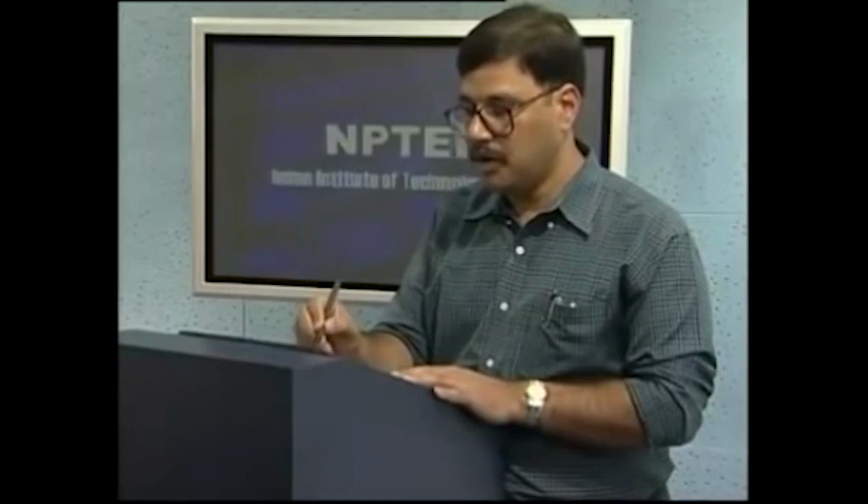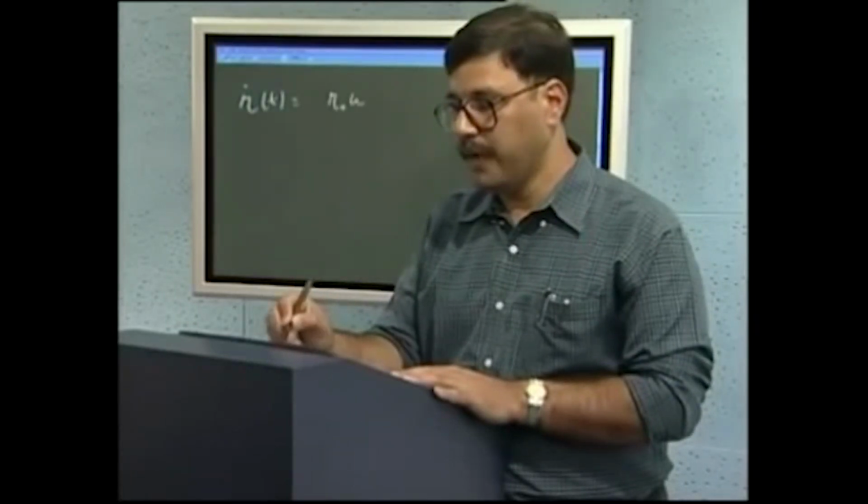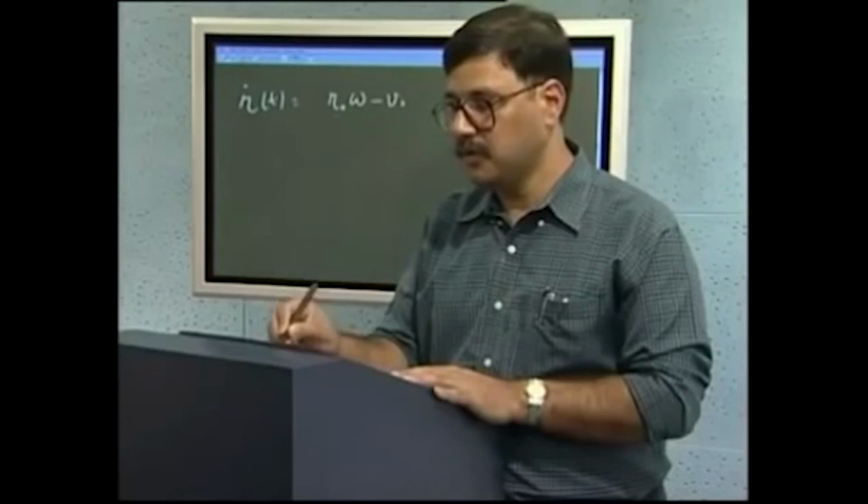This term is already negative, and if I want the velocity to remain negative, that means I want r dot t, which is equal to r 0 omega minus v 0 over 2 times e raised to omega t, minus r 0 omega plus v 0 divided by 2 times e raised to minus omega t, less than 0.